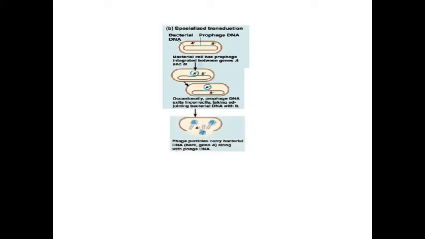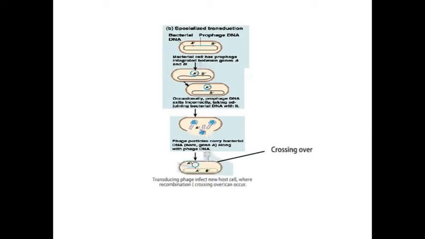Now we'll see specialized transduction, which is also known as restricted transduction. In this type of transduction, the transducing particle carries only a specific portion of the bacterial genome. Specialized transduction occurs when there is an error in the lysogenic cycle of the phage.